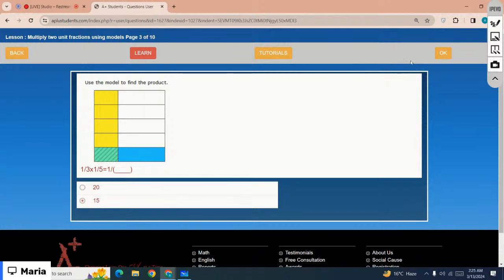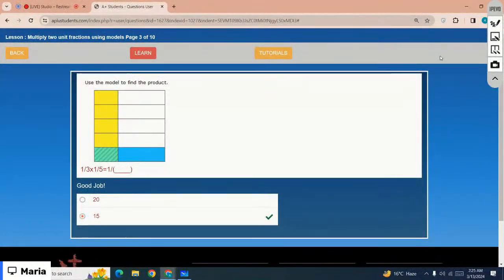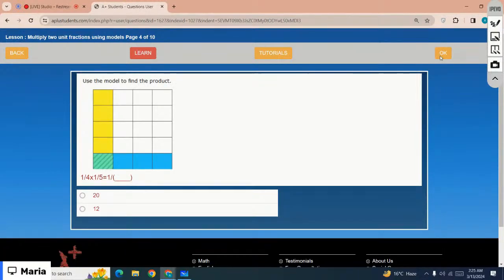That is 1 out of 15. Very good. Use the model to find the product. 1 by 4 times 1 by 5.